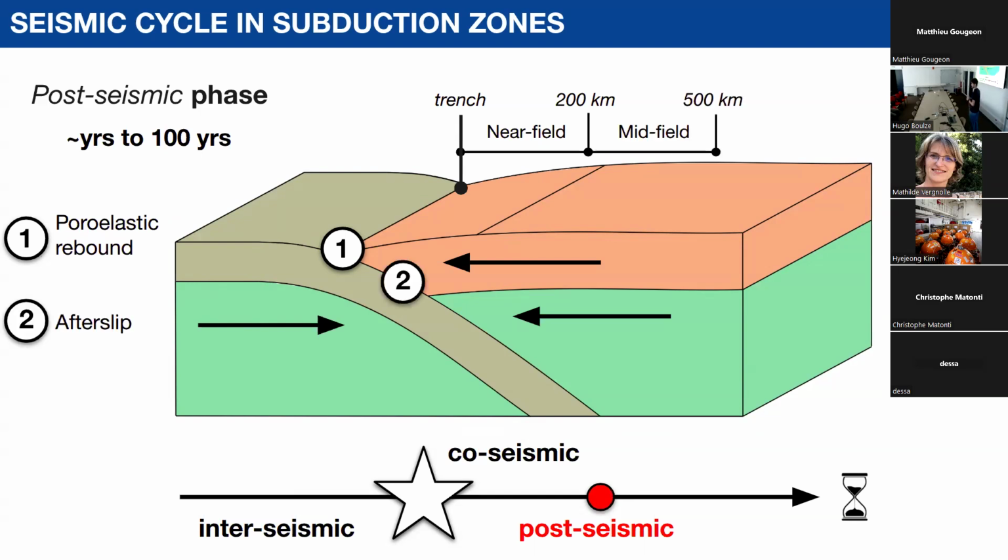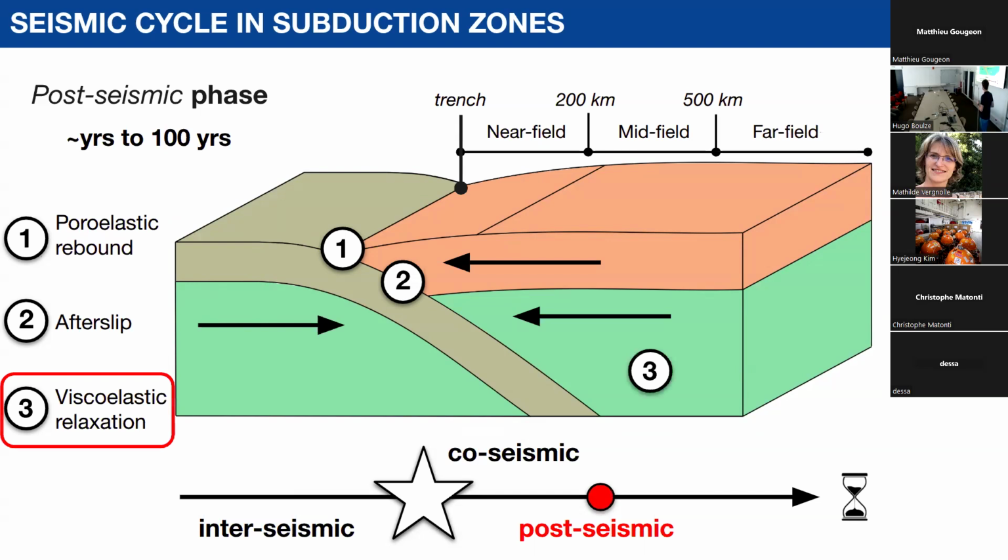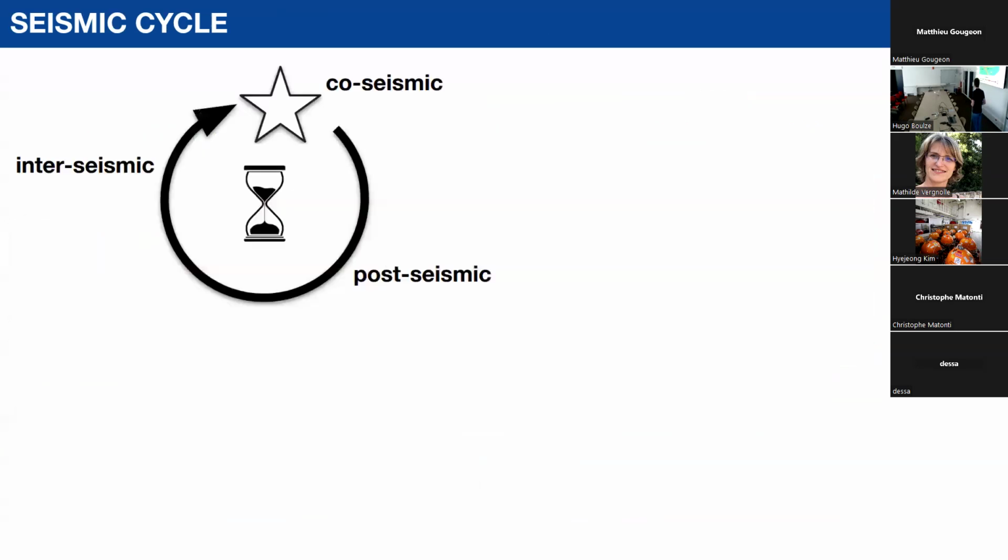Then you have the afterslip, which is a slip on the subduction interface, and then the viscoelastic relaxation of the asthenosphere, which can induce deformation very far away from the subduction trench, 100 kilometers, 200 kilometers. This is the physical process I will focus on during this presentation.